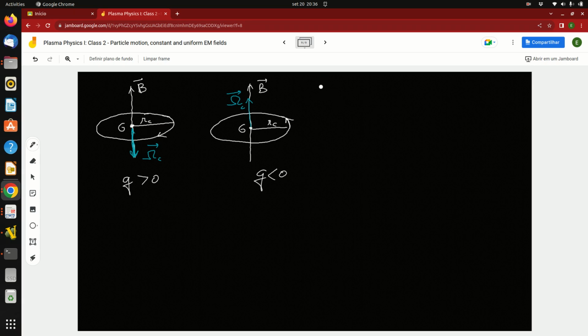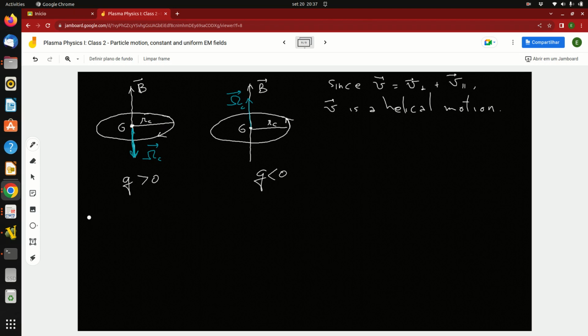So since v is equal to v_perp plus v_parallel, v is a helical motion. That's what a constant magnetic field produces in your charges.